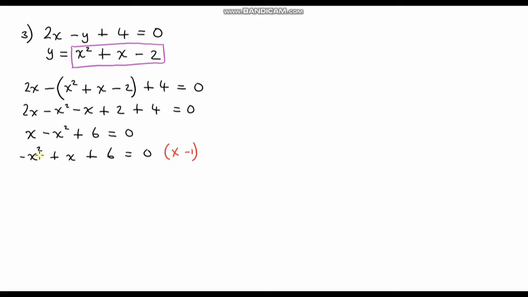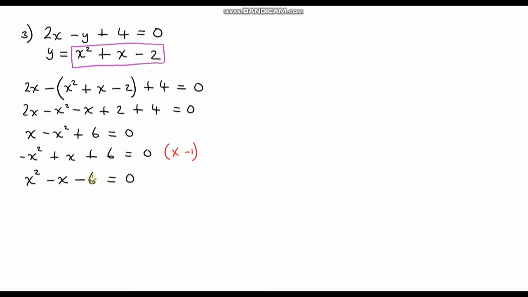So if I multiply this term by negative 1, I'm just left with x squared. If I multiply this term by negative 1, that's minus x. This is going to be minus 6. And on the right hand side, 0 times negative 1 is still 0. So now we've got a much nicer equation that we can solve. And I can see that this equation does factorise quite nicely.